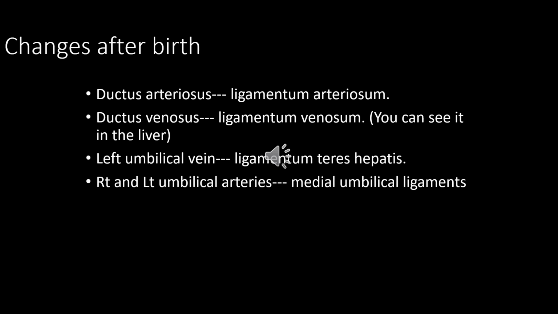Similarly, the ductus venosus, which was shunting blood from the liver to the inferior vena cava, also will be obliterated, and it will become ligamentum venosum, which you have seen in the liver. There are two fissures, the fissure for ligamentum teres, and if you continue it cranially, it will become continuous with this, that is ligamentum venosum.